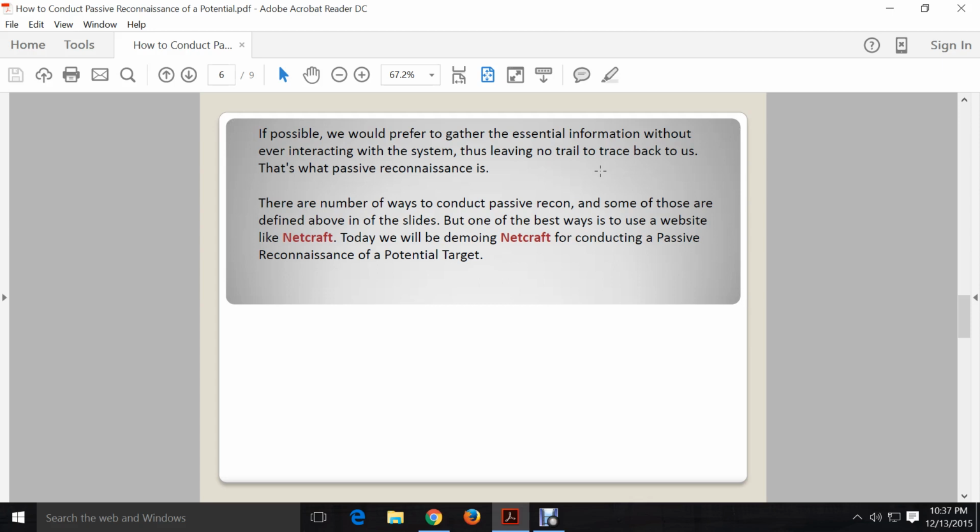But another way that I'm going to demo is using a website called Netcraft, and we will be conducting a passive recon of a potential target using a website basically.